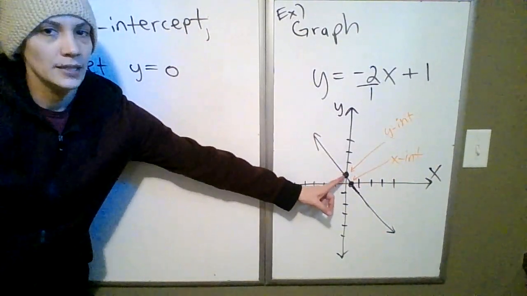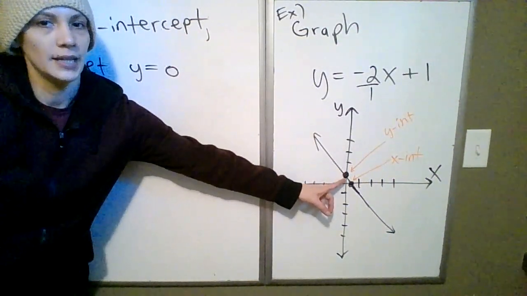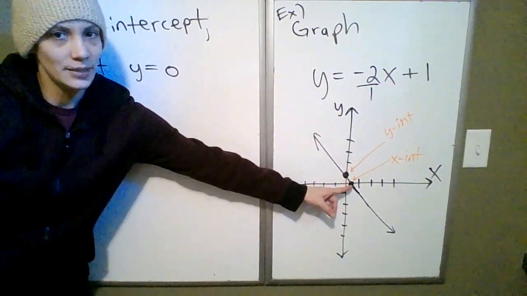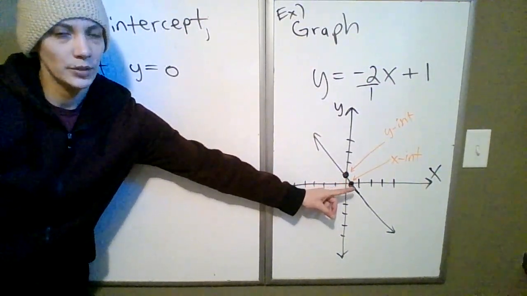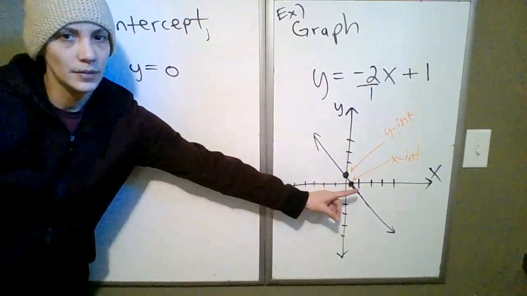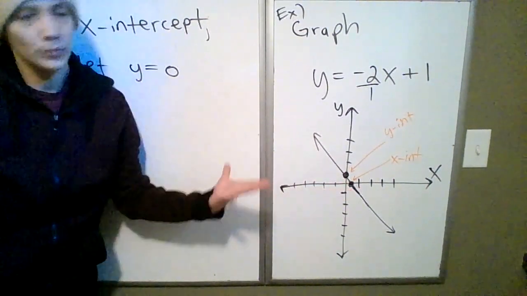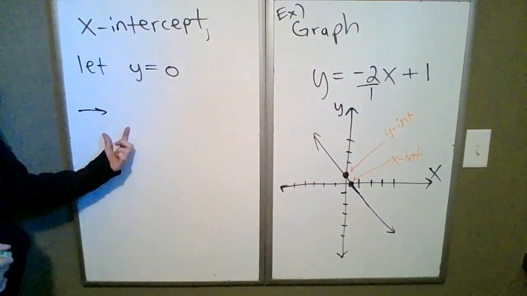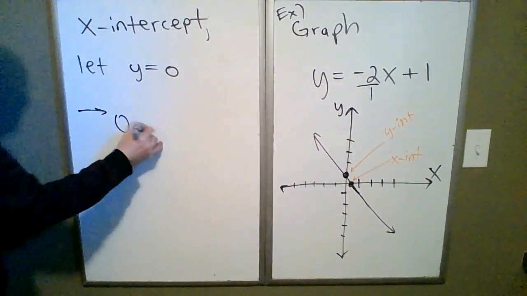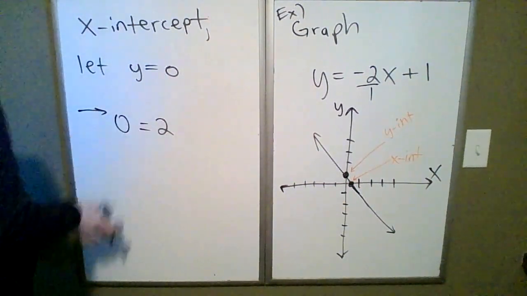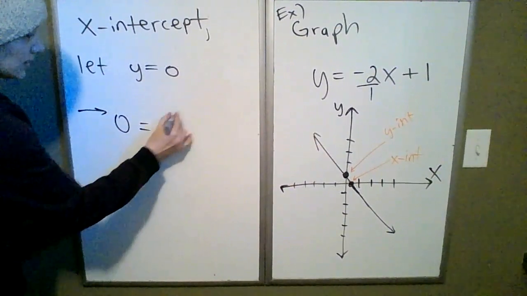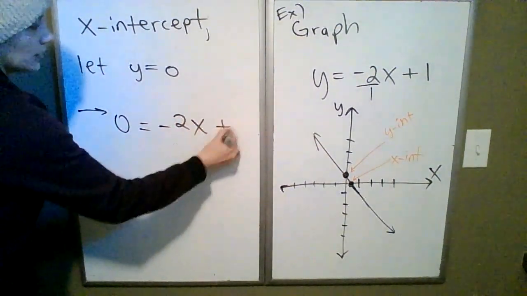To know what that point is, you have to put y equal to 0 and get whatever x value it is, which is some positive number. Looks like it's probably less than 1. We'll find out. 0 on this side, negative 2x plus 1.